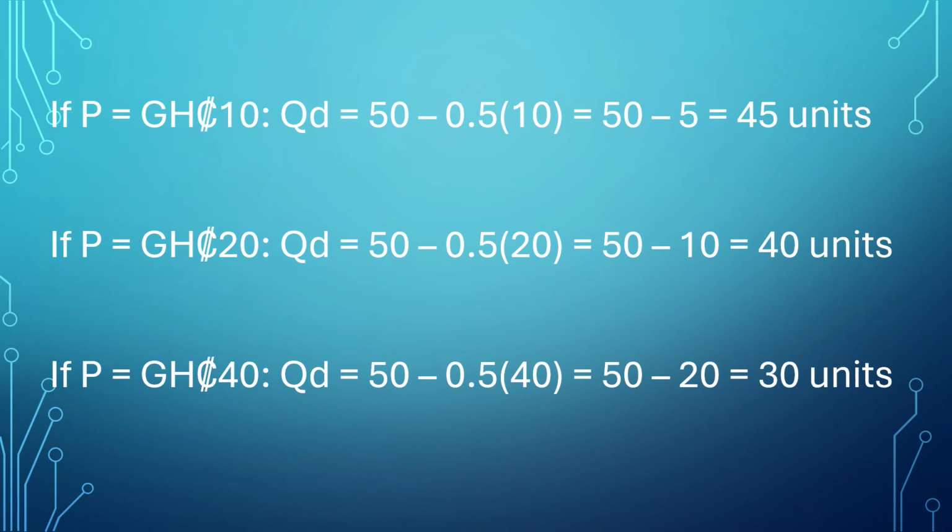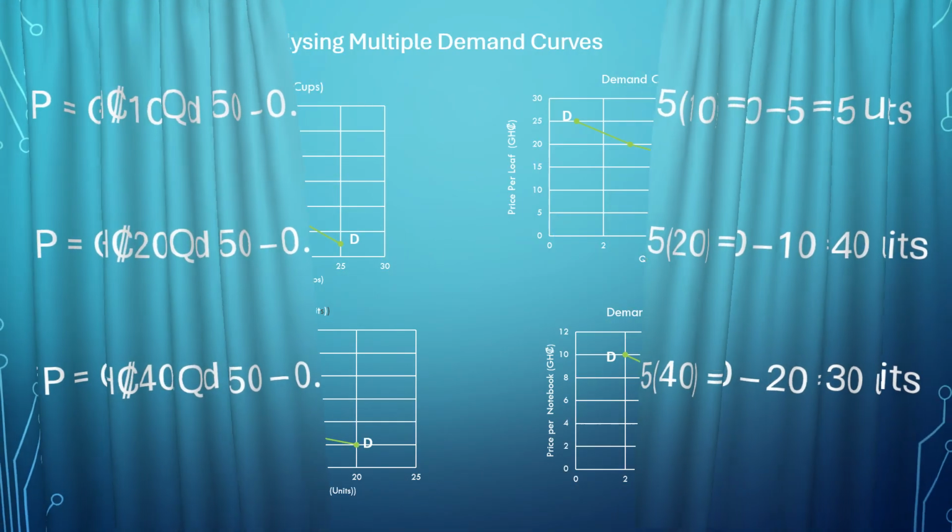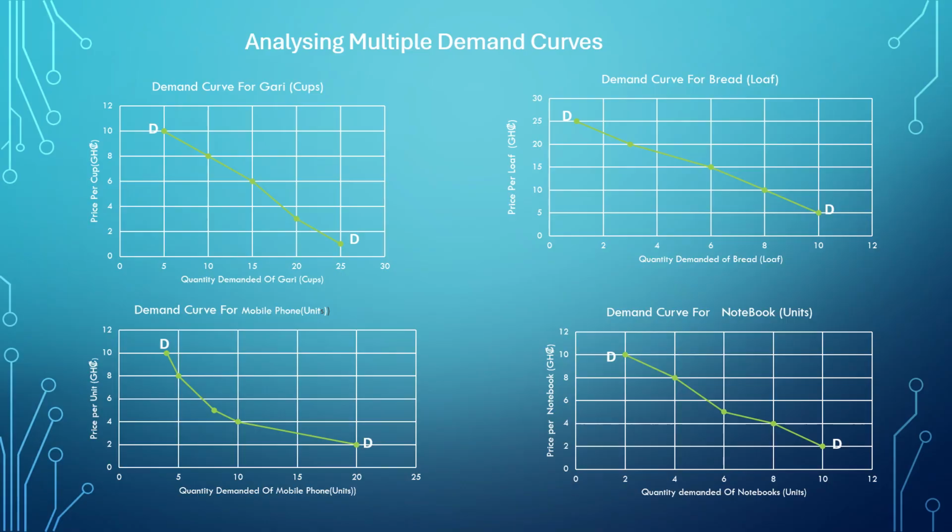So we have three ways to represent the law of demand: the demand table or schedule, the demand curve, and the demand function. All three show the same relationship, just in different formats.